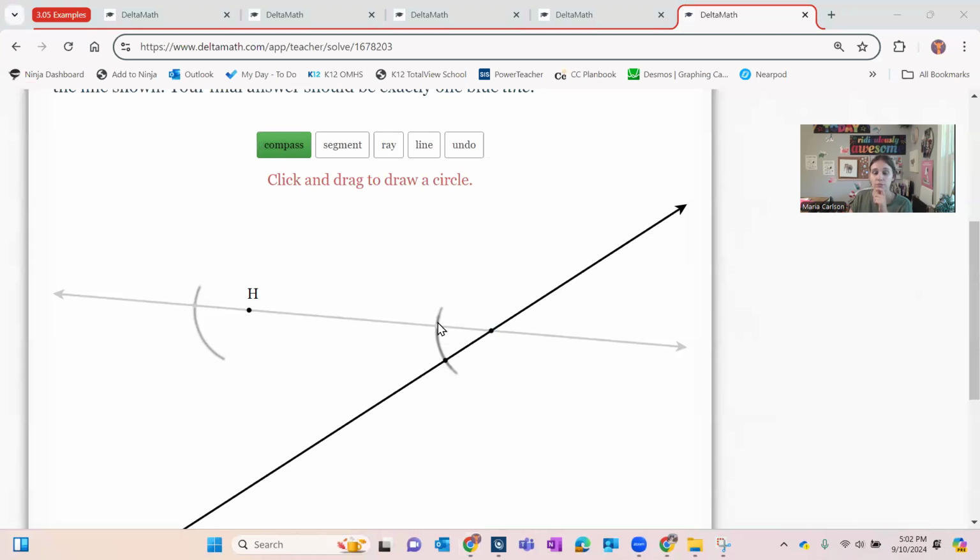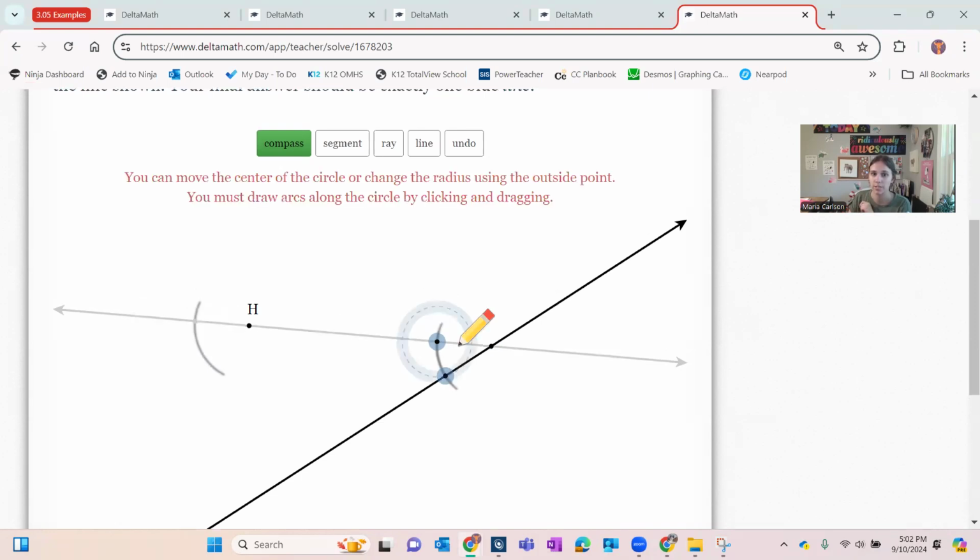And I am going to measure the distance, looking back at my original intersection points, looking at the original line and the original angle. I am going to click, and I'm going to set the center of my compass as one of these intersection points. And the other edge of the circle will be the other intersection point.